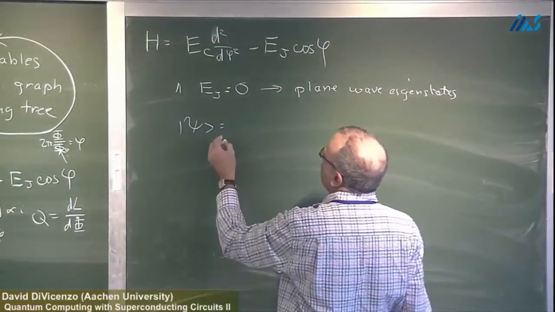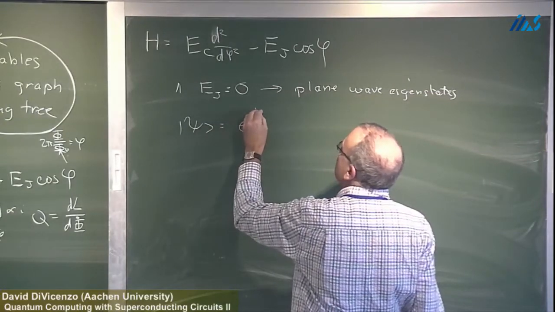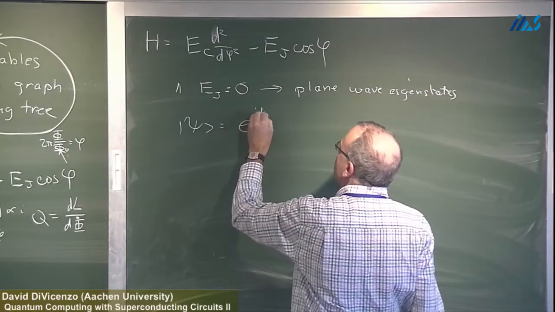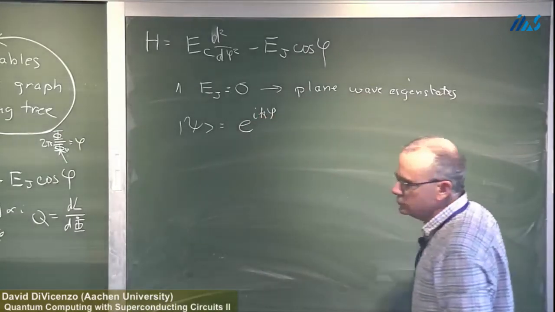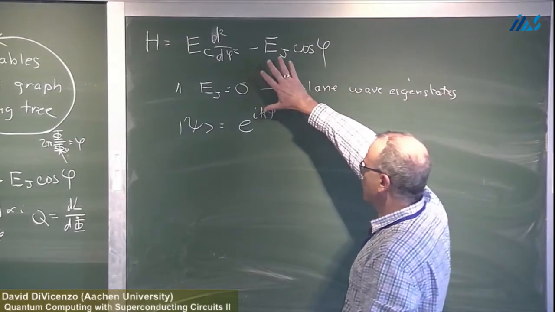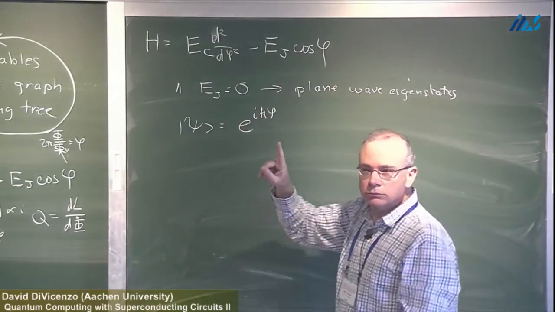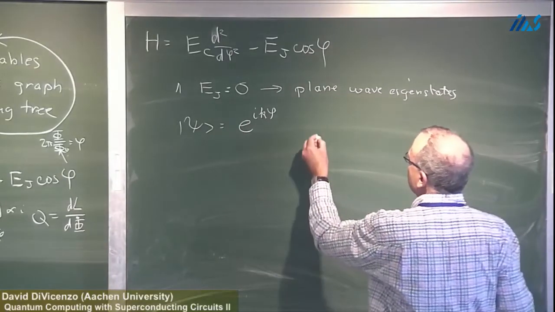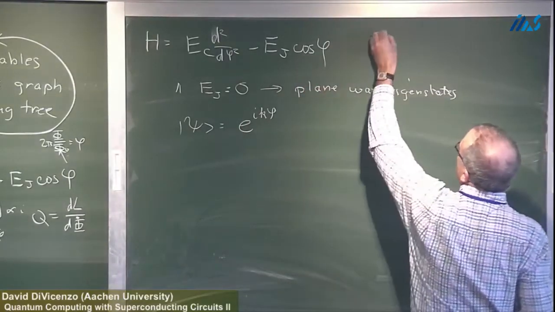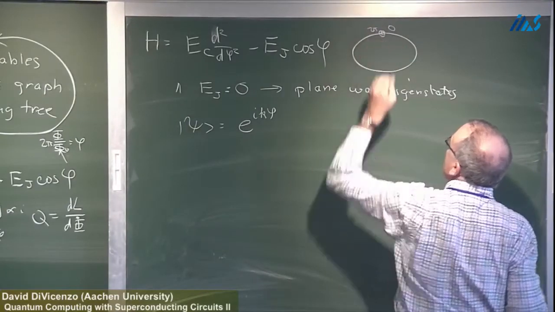So the wave function is proportional to e to the i, some wave number times phi. But I've not reminded you of one thing, which is that phi is compact. Remember? So this equation is actually on a circle from 0 to 2 pi.